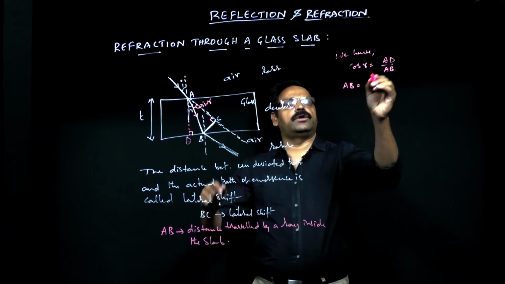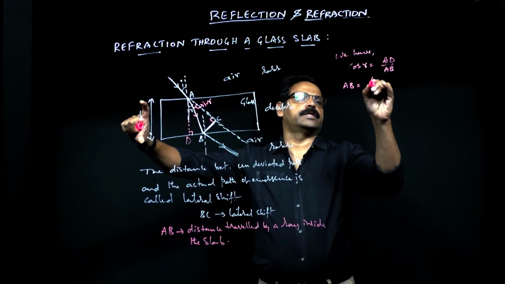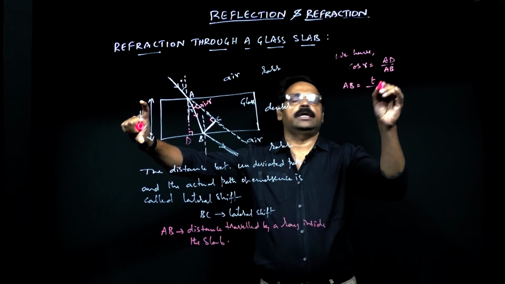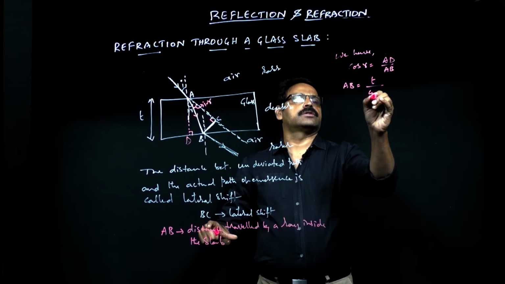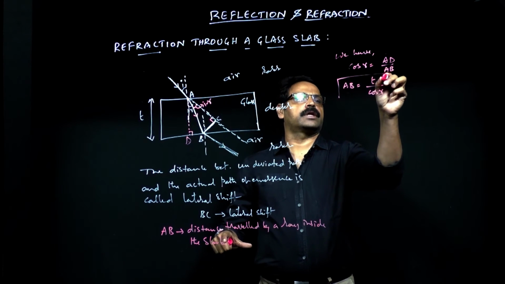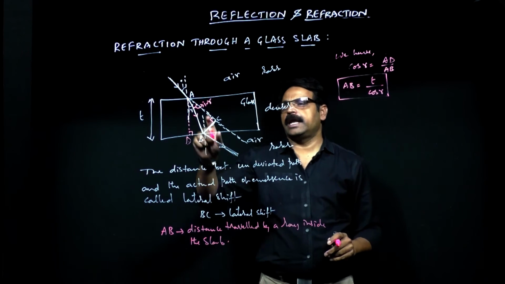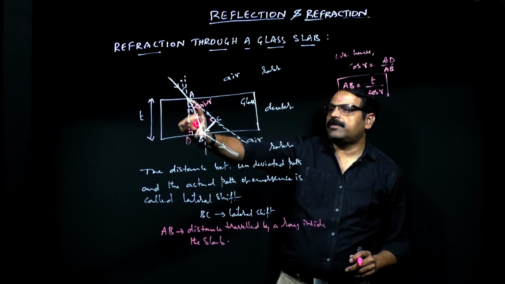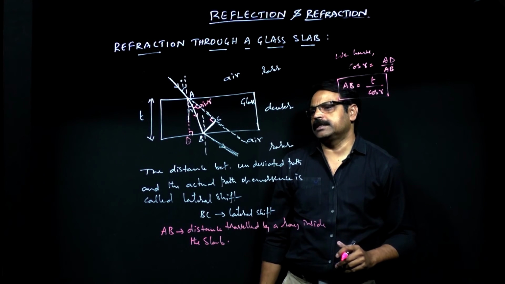Therefore, AB is equal to, AD is coming out to be the thickness of the glass plate, so thickness divided by cos R. So this is the formula where you can calculate the distance travelled by the ray inside a glass slab.